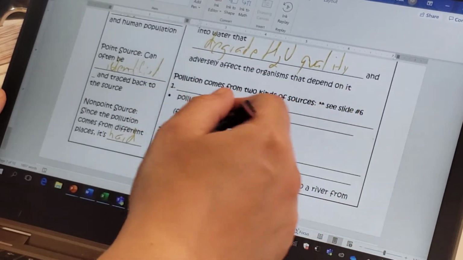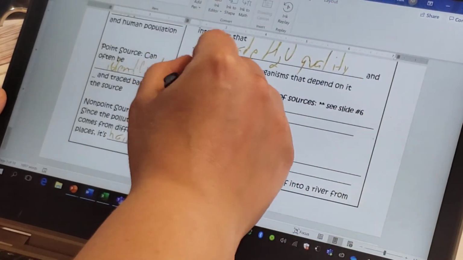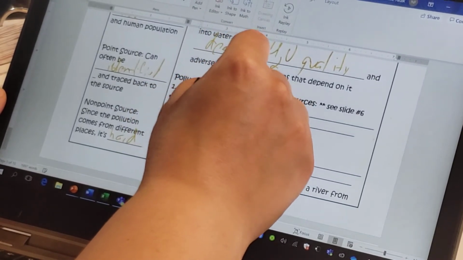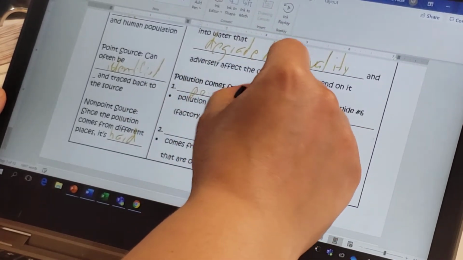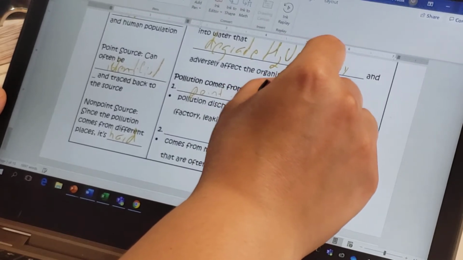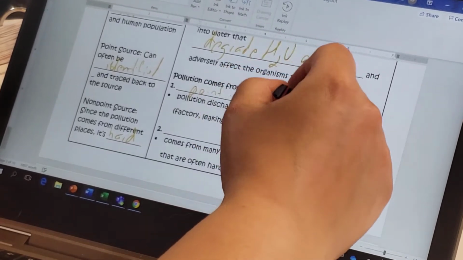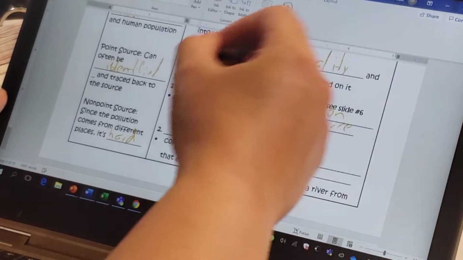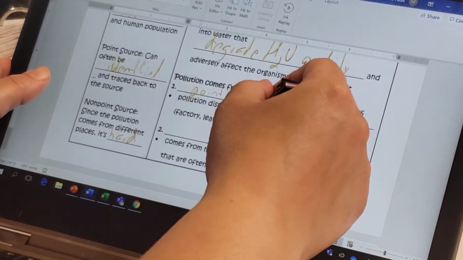So, what two kinds of sources? You've got point source pollution: pollution discharged from one single source, a factory, a leaky tanker.